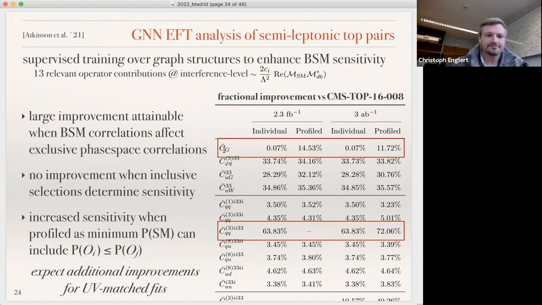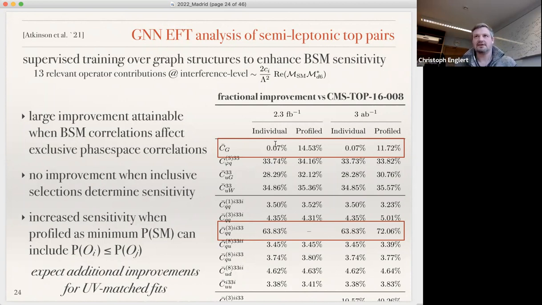So why is that? Well, large improvements are attainable when exclusive phase-space regions are really affected, and the neural network score learns that. The way the different nodes in the graph communicate with each other, they will pick that up and will tell the traditional fit, this is something that you need to take into account. And this is where the 70% of improvement come from. For Cbabu, there is no improvement, but that really is a modification that affects pretty much the entire sample.